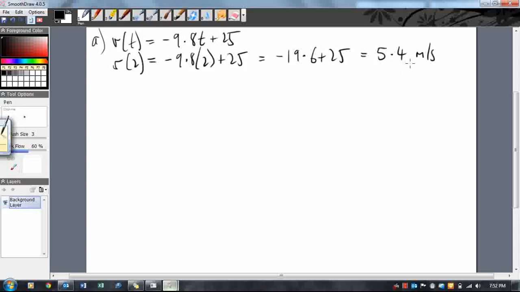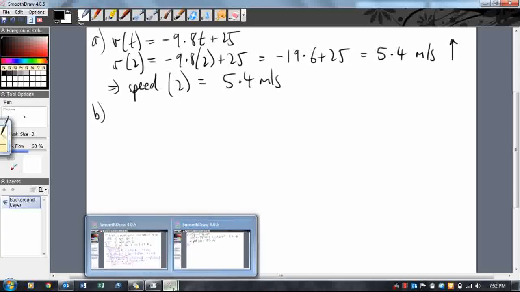So what's the speed? The speed is just the modulus of that. The velocity is positive, so it's going upwards, and therefore the speed at 2 seconds is equal to 5.4 meters per second. So that's part A.